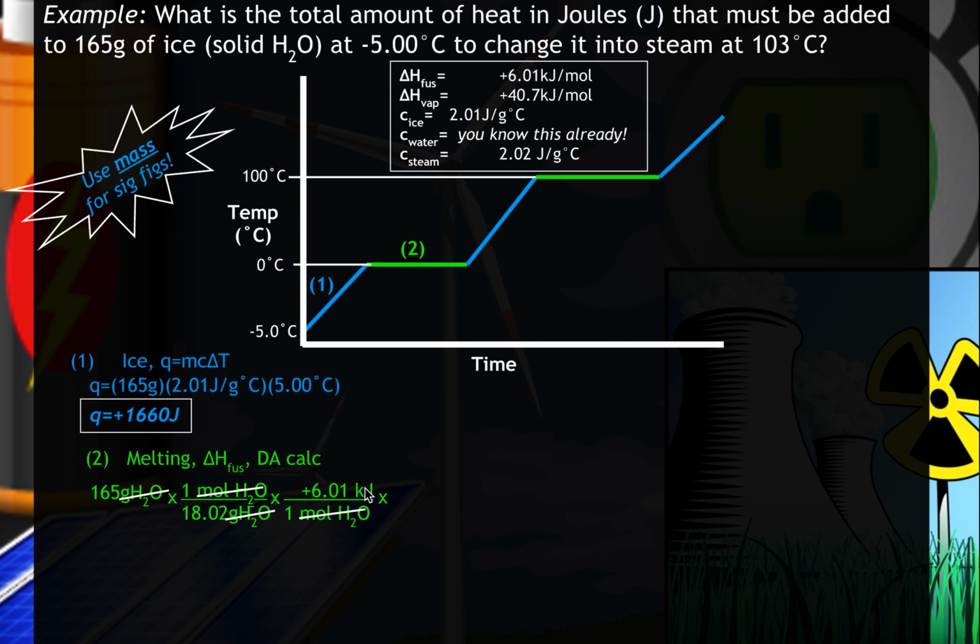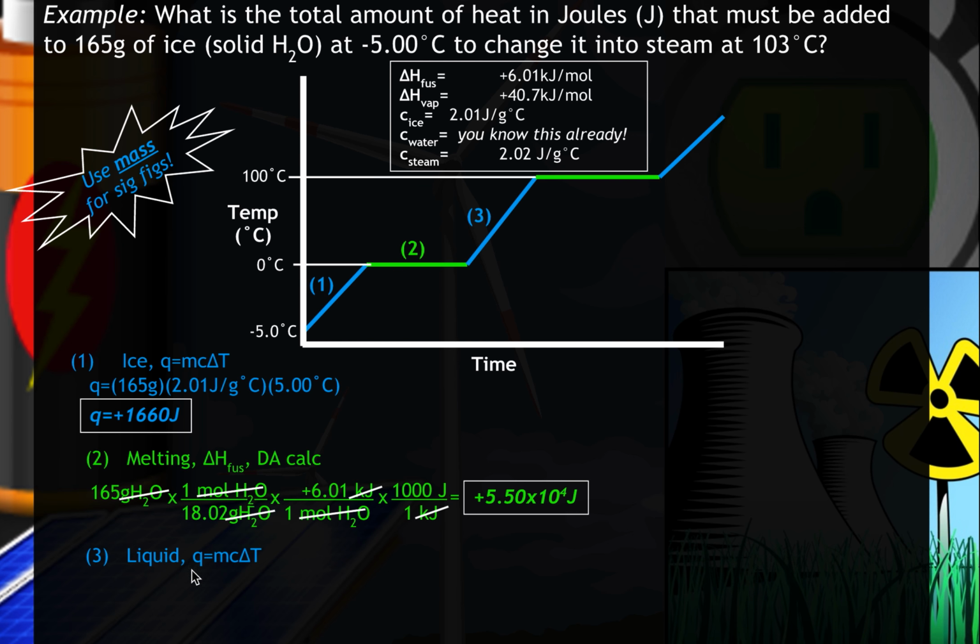Now I have to keep going because again I've got kilojoules here and my units are in joules. So 1 kilojoule is 1,000 joules. Now I have joules as my leftover unit, and there's the answer.